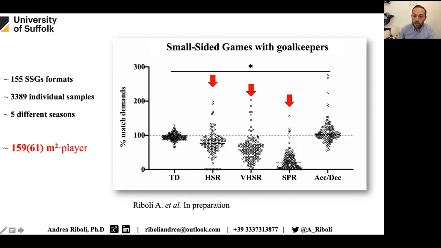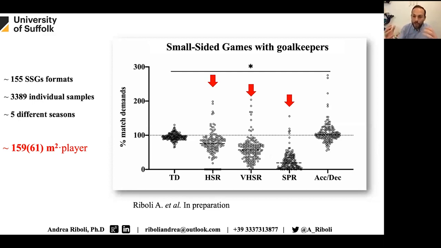The horizontal dotted line is the 90-minute average match demands, and as you can see, in the daily soccer routine that uses small-sided games, the intensity, mainly for very high speed running and sprint, is lower than match demands.